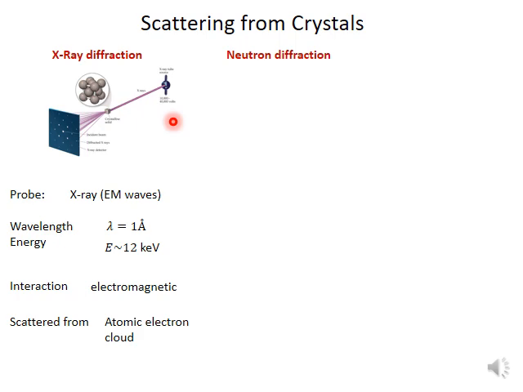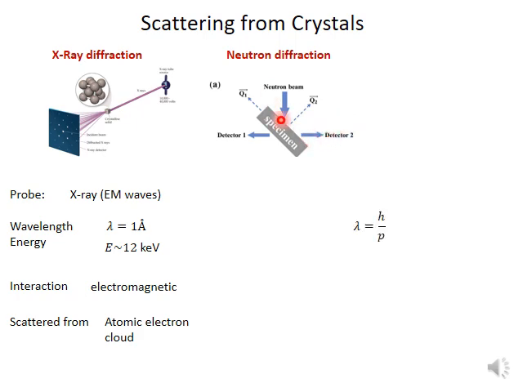But this is not the only diffraction you have for finding out the crystal structure. There are other diffraction or scattering experiments which can be done to find the crystal structure, and one of the widely used ones is neutron diffraction. In this case, you have an incident neutron beam on a certain crystal, and you then record the diffraction of these neutrons from this specimen.